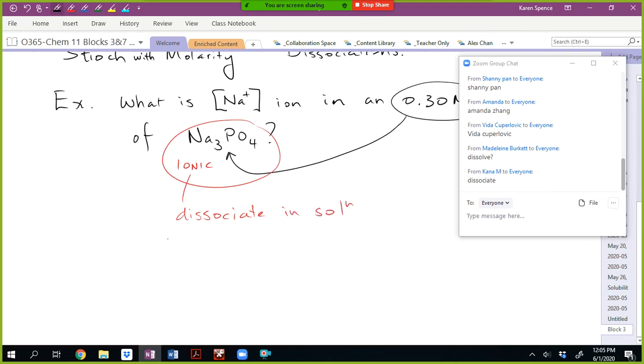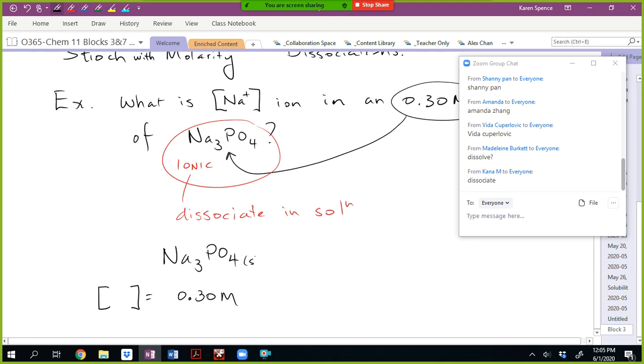So let's write the dissociation of Na3PO4. And we're going to put our concentrations down below this dissociation equation. 0.30 molar is the concentration of the Na3PO4.